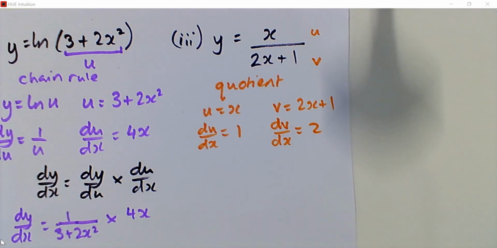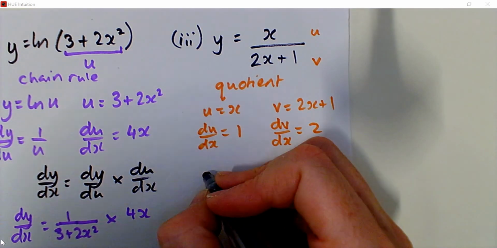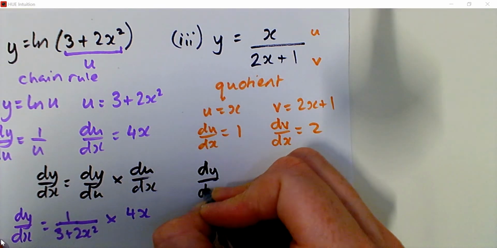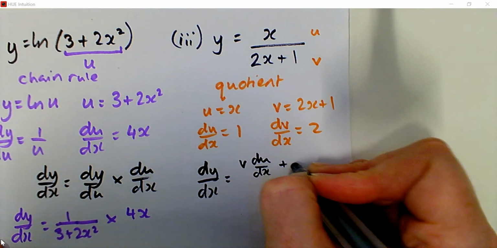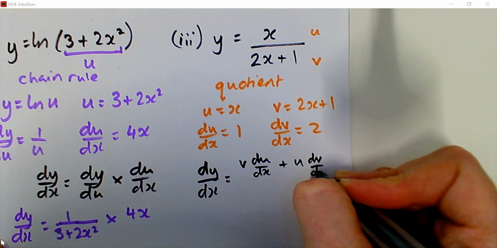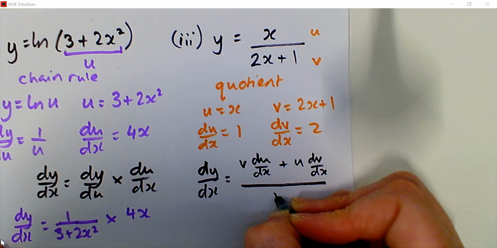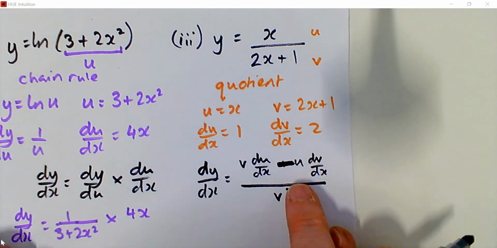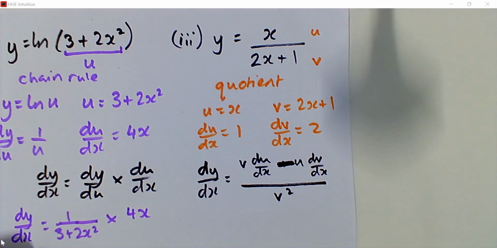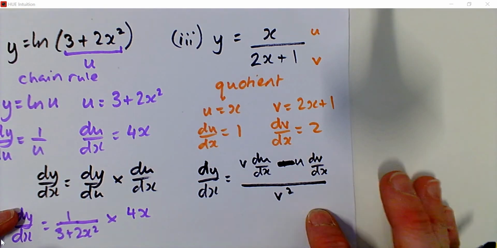They're nice. So dy by dx is equal to v du by dx minus u dv by dx, over v squared. Sorry, minus, I must remember that. That will be given to you on your formula sheet, so you can look that one up.